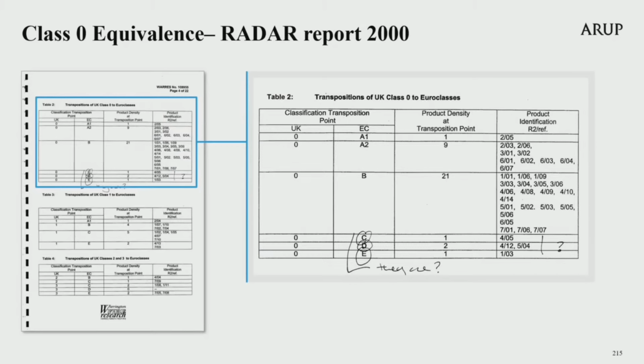When comparing the equivalence of Class 0 and the European classifications, 35 Class 0 products were compared. 4 wood-based, 3 mineral wool insulation products, 6 types of paint, 7 types of cellular plastic insulation product, 6 different wall coverings, 6 board and sheet products, and 3 plastic-based products.